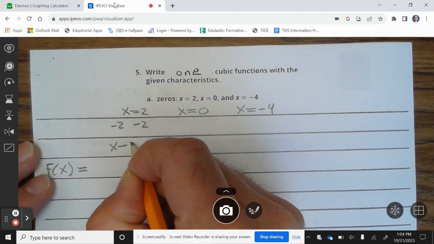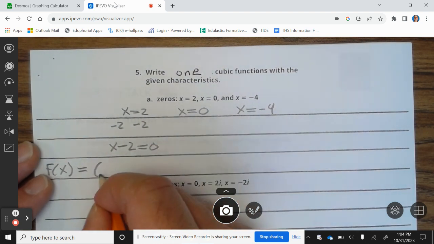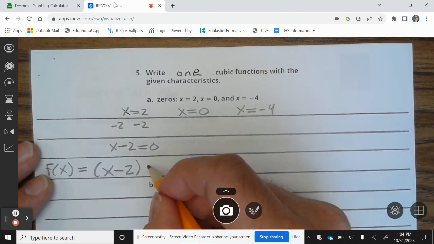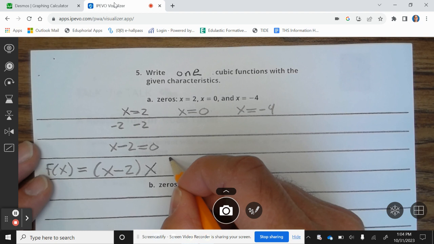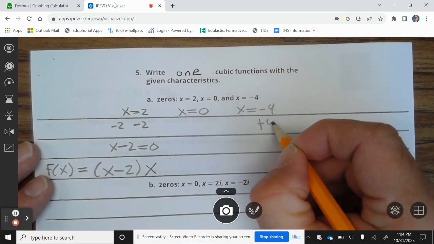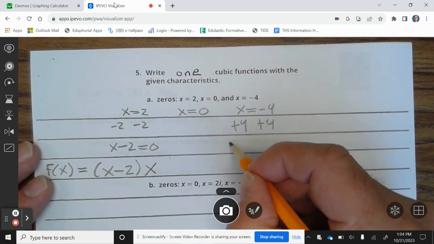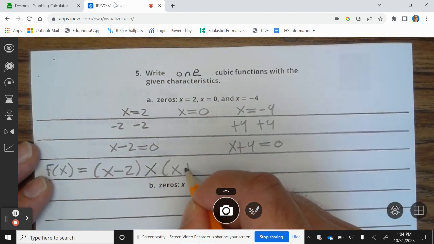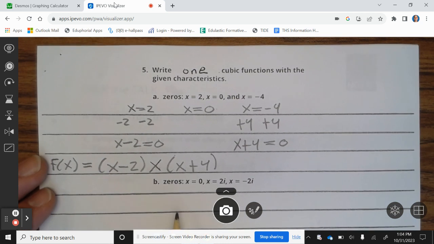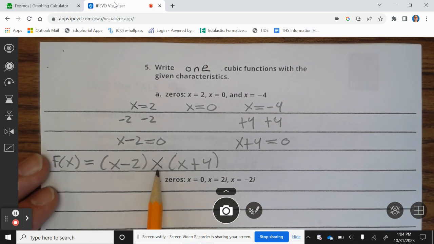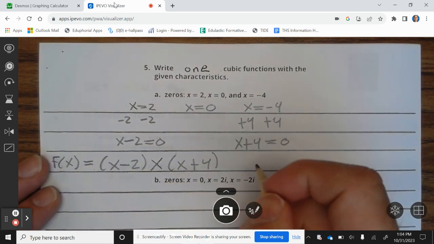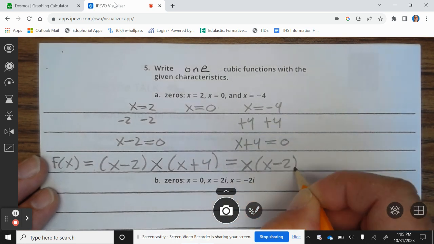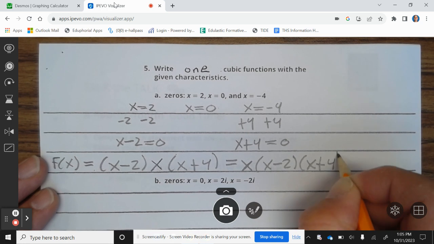We get x minus 2 equal to 0. X equals 0 is just x. And then add 4 to both sides. You get x plus 4 equal to 0, times x plus 4. Now, this is mathematically correct, but it's common practice to put x in front. So this equals x times x minus 2 times x plus 4.